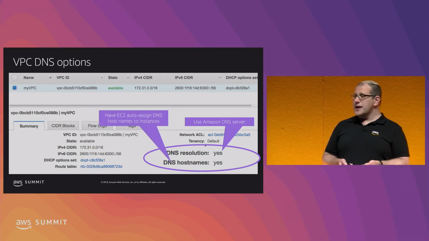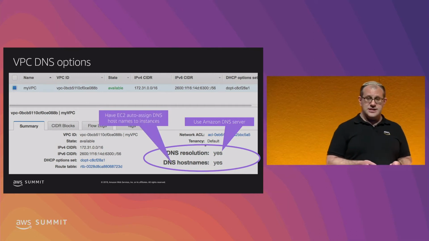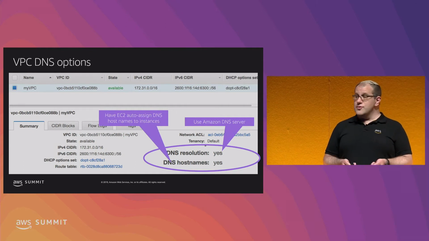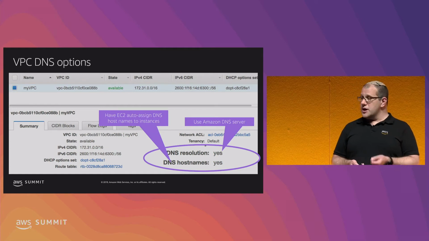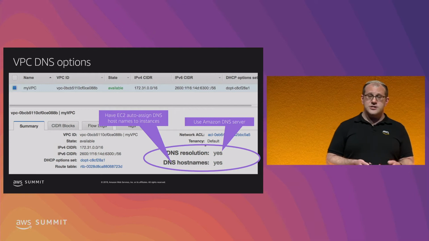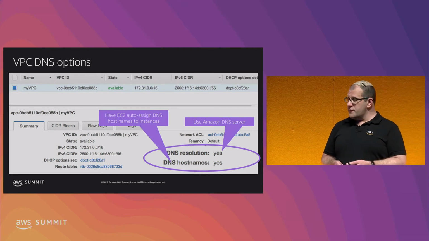And they also include the ability for us to assign DNS names to the instances so you don't have to just use IP addresses. Now, that's really worth considering and looking at, but I'm not going to go into more detail here. I'm just going to say that if you're interested in DNS and not having to manage all of your own DNS, it's worth considering looking at Route 53.